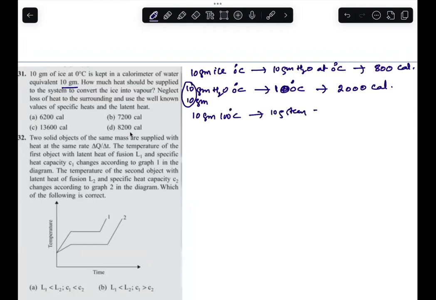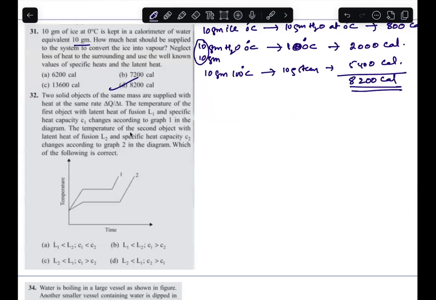This is 5400 calorie. Remember now calorimeter remains at 100 degrees centigrade. So overall, what is the budget? 800, 2000, 5400, 7400 plus 800, 8200 calorie. That's the deal. Next.